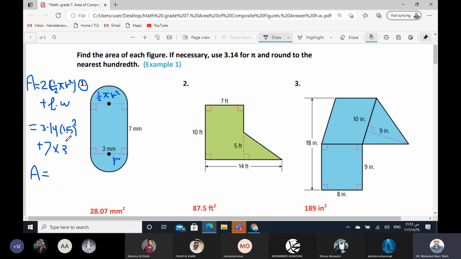Now 1.5 squared means 1.5 times 1.5, times 3.14. The answer will be 7.065.